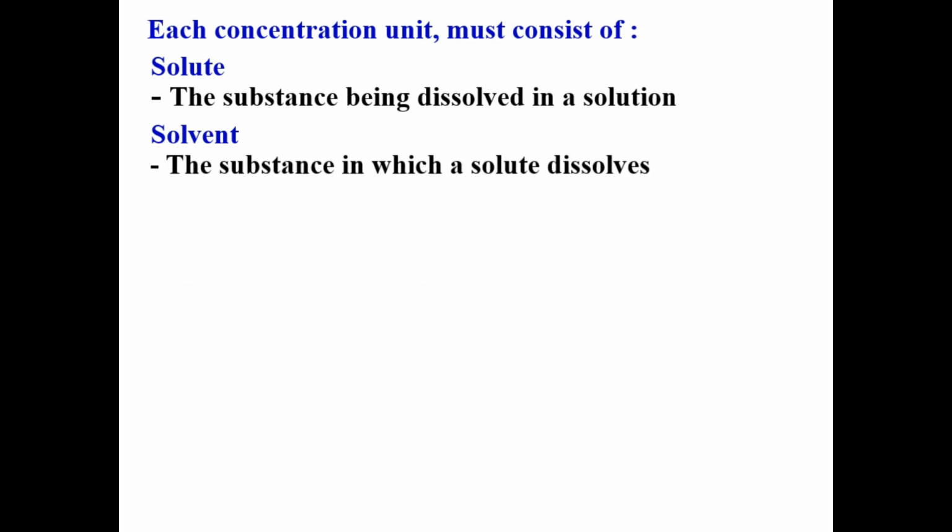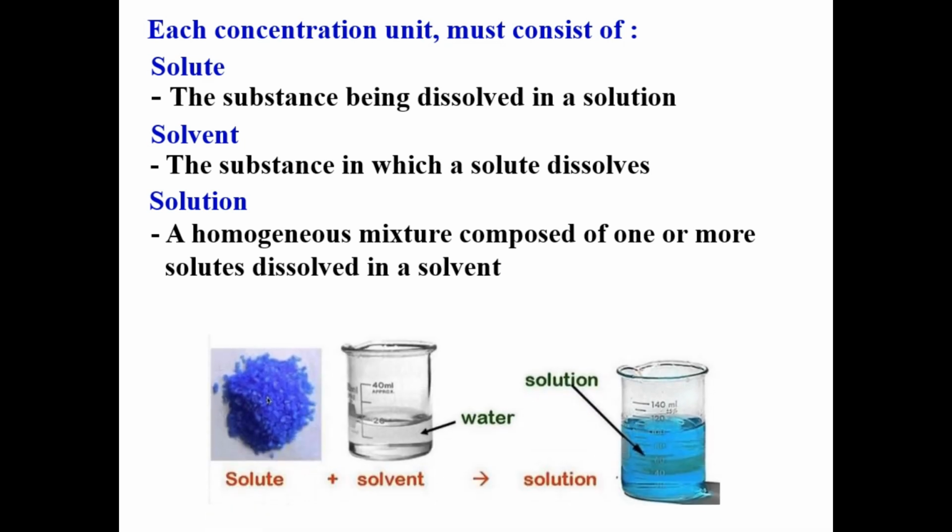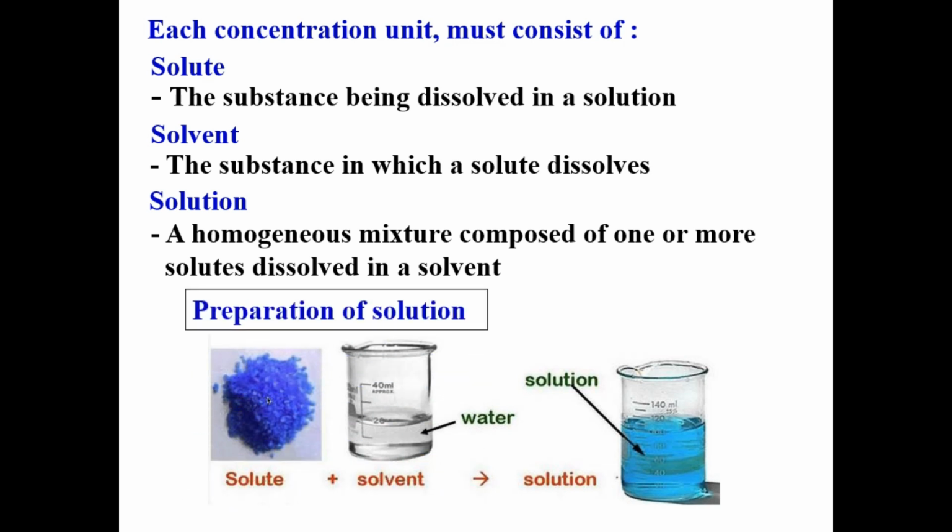Solvent is defined as the substance in which a solute dissolves. Third, solution. Solution is defined as a homogeneous mixture composed of one or more solutes dissolved in a solvent. I give you the figure to show the differences between solute and solvent. Finally, they mix together to form a solution.